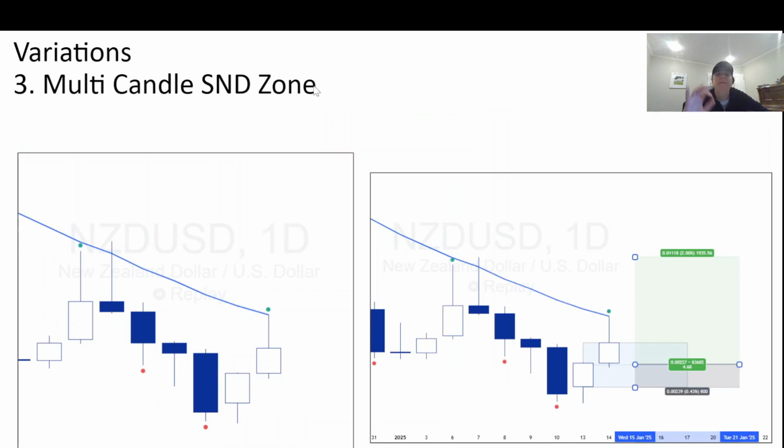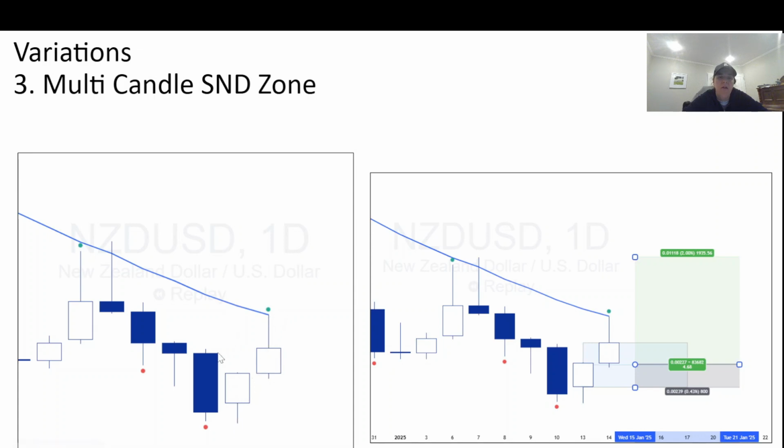Then the third and final variation is a multi-candle S&D zone. This is where we've got a red dot, and then we've got two candles that are kind of trending upwards. The second candle is the green dot, but you can see that there's very little pullback between these two candles. It's almost like the price has just soared.